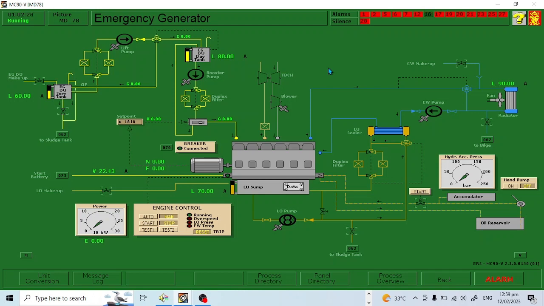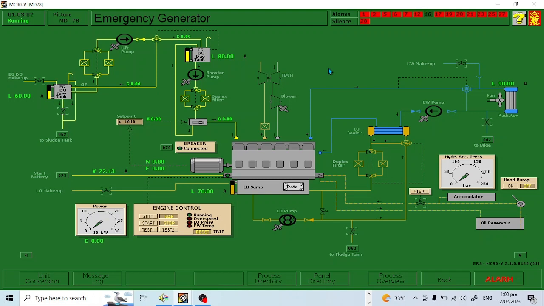But one must imagine why these simulators are very expensive, and what these simulators can give to a young seafarer. One is knowledge. If the simulators are effectively used, a cadet or a junior engineer can enhance his knowledge and become a more responsible and effective junior engineer while on board.